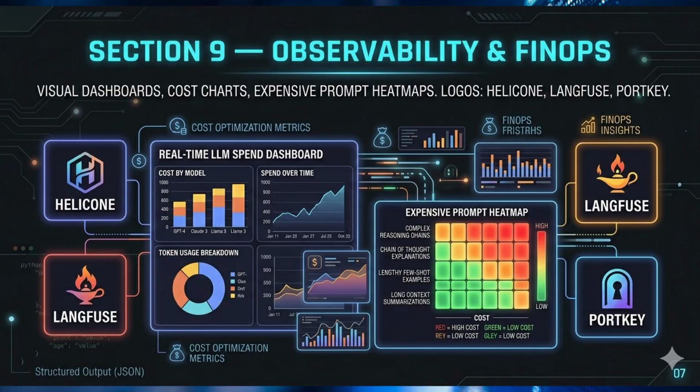These platforms track token usage, latency, error rates, cost per request, model performance, etc. Once you have visibility, optimization becomes data driven. You can identify expensive prompts, detect prompt bloat, improve routing logic, and monitor cache hit rates. This is the FinOps layer of AI engineering, and it becomes essential at scale.